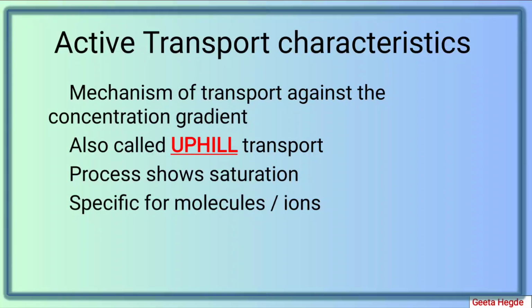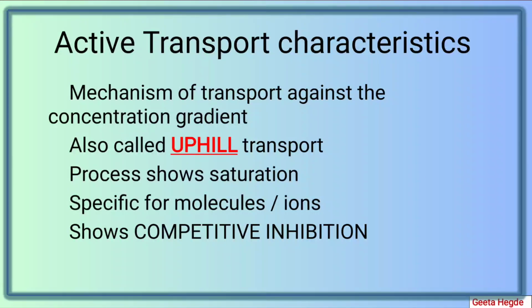This energy is used to change the conformation of the transport protein. So active transport is uphill transport. This process shows saturation. It requires energy and it is specific for molecules and ions. It is the mechanism which is happening against the concentration gradient. It also shows competitive inhibition.